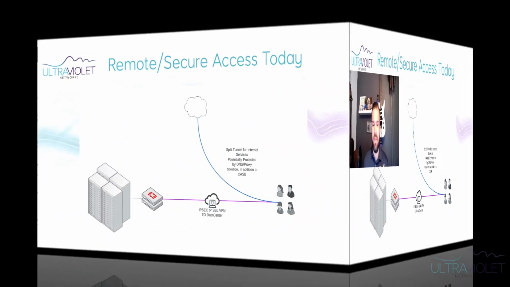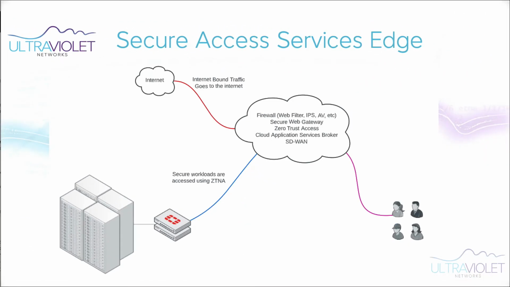So what if we could take all of these and bundle them into a single service that our users can use to just connect? Hey, connect to the Secure Services Edge or Secure Access Services Edge, and have our firewalling done for us. Have our identity-based firewalling done for us. Another challenge we've had for a long time in the industry. Yes, many firewall vendors support it.